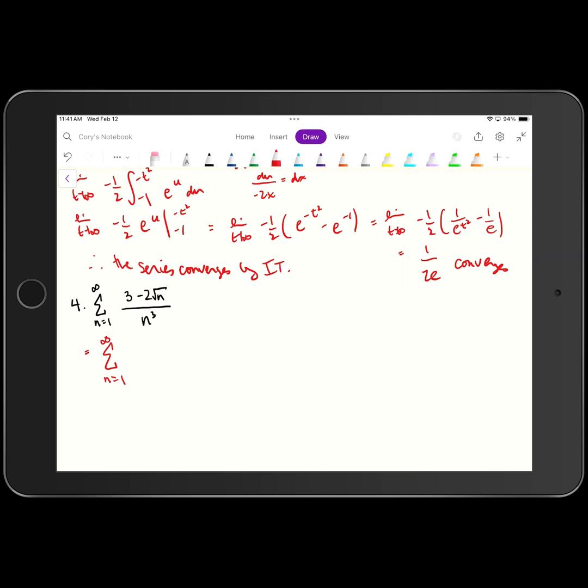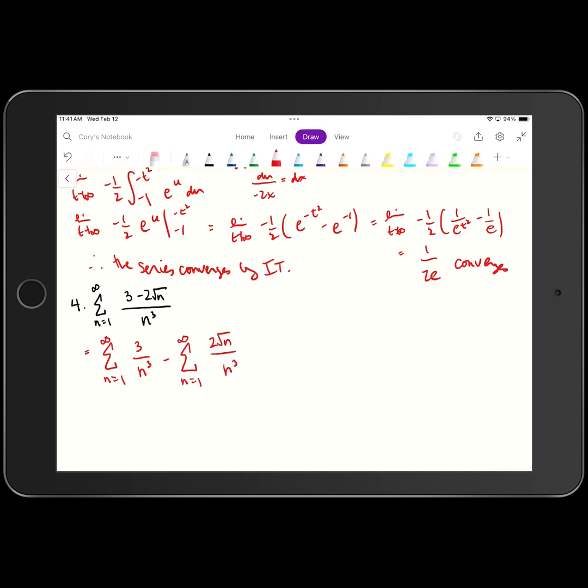I'm going to take that quotient and split it up into 2 fractions, and then take the sum of each of those fractions. So for the first fraction, I can take the numerator 3 and divide it by n cubed. And then I'm going to subtract the sum from 1 to infinity of 2 rad n over n cubed.